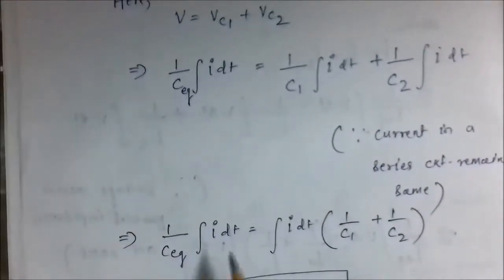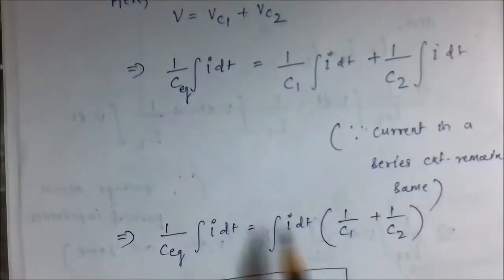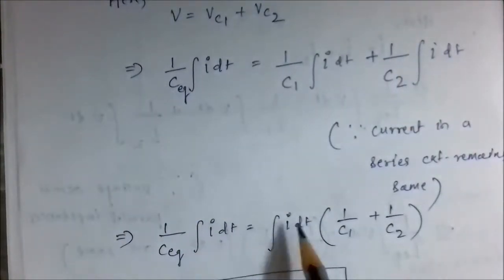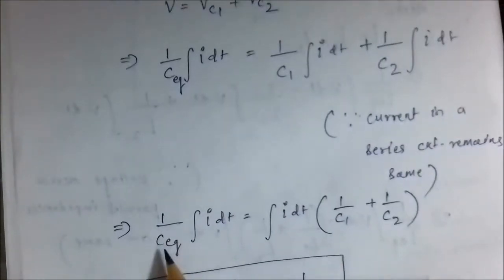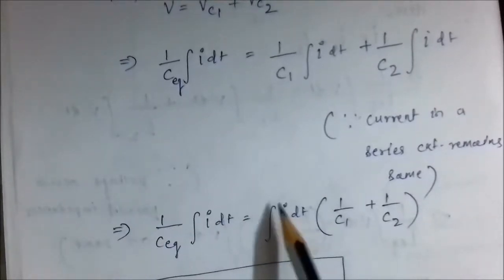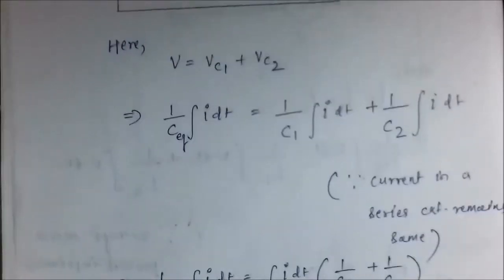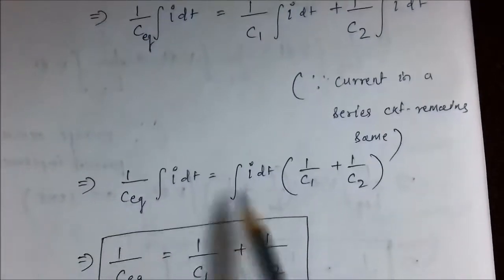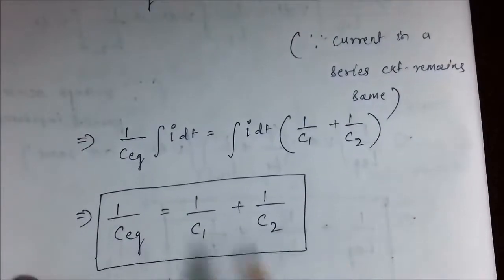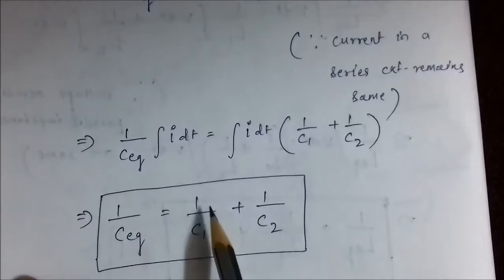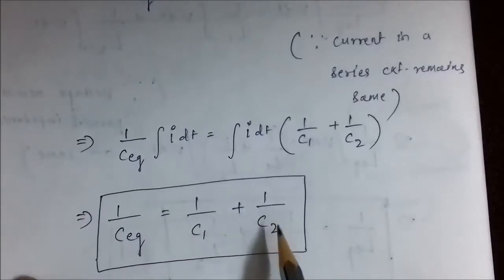So this integration of I dt term is common in the LHS and RHS. It's taken common here, 1 by C equivalent integration of I dt is equal to integration of I dt into 1 by C1 plus 1 by C2. So this term gets cancelled and we get the final expression as 1 by C equivalent is equal to 1 by C1 plus 1 by C2.